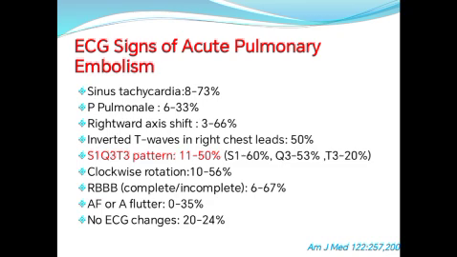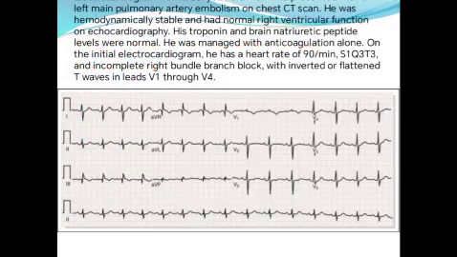And the common finding is what's called the S1Q3T3 pattern. That is very specific for pulmonary embolism, found in from 11 to 50% of patients. And we could also find right bundle branch block or atrial flutter, and normal ECG in up to 24% of patients.